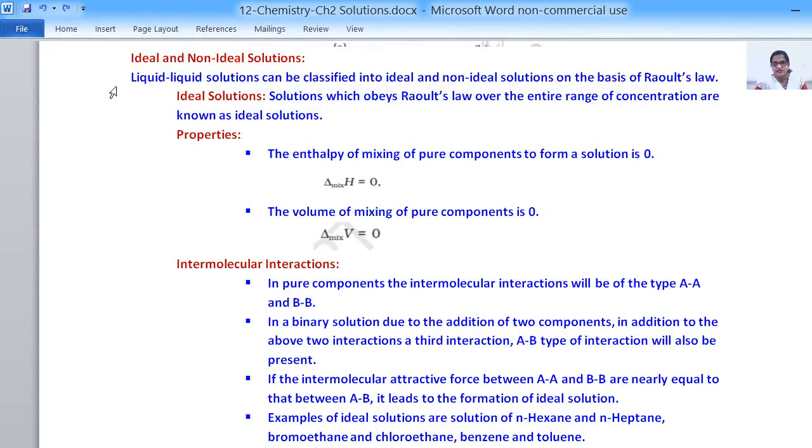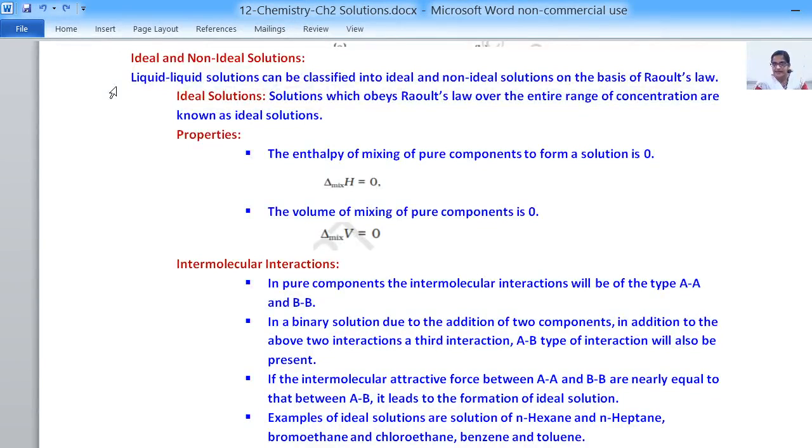The resulting solution will be 5 plus 5, that is equal to 10 ml. That is, after mixing, the total volume of the solution will be equal to 10 ml. It will not be less nor more. That is, it will not be 9.9 ml nor 10.1 ml. So such a solution is called an ideal solution.